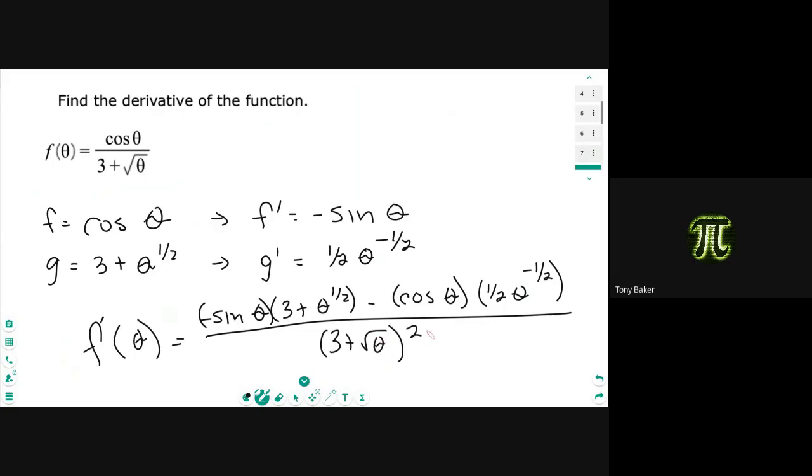Square. Here's the downside to simplifying sometimes. You cannot do that. It's not at all allowed. So just be careful if you are going to simplify.